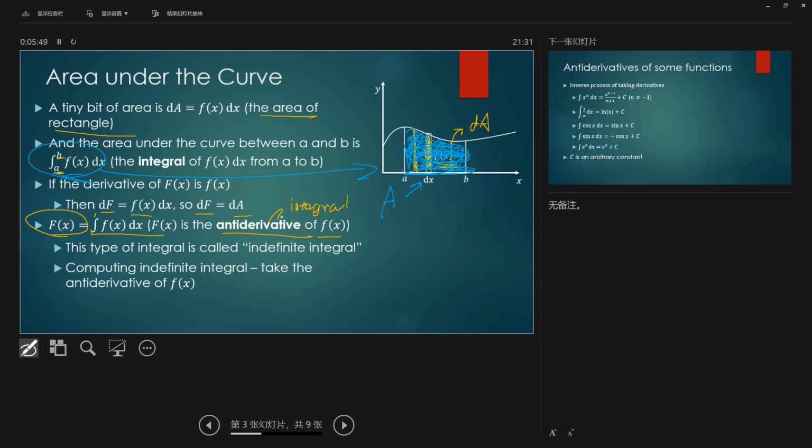Pretty obvious. To compute the indefinite integral, just take the antiderivative of lowercase f(x). So the integral and the antiderivative are basically the same thing.